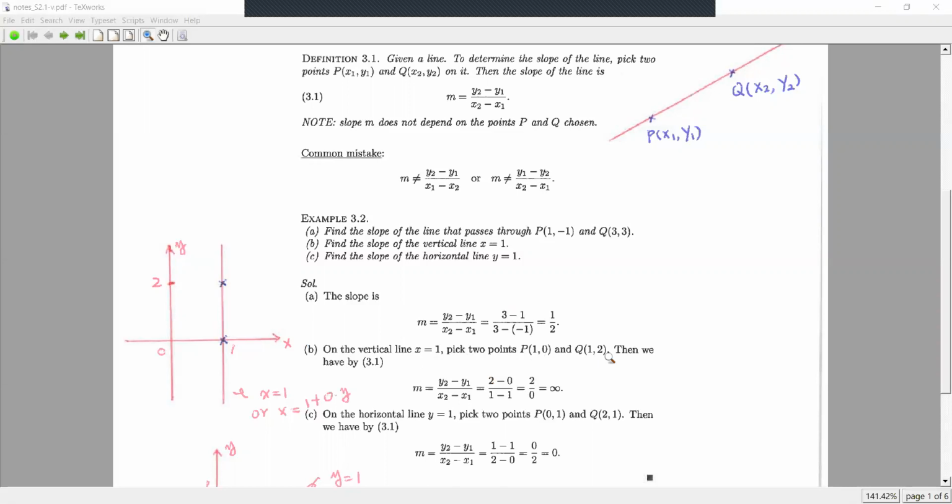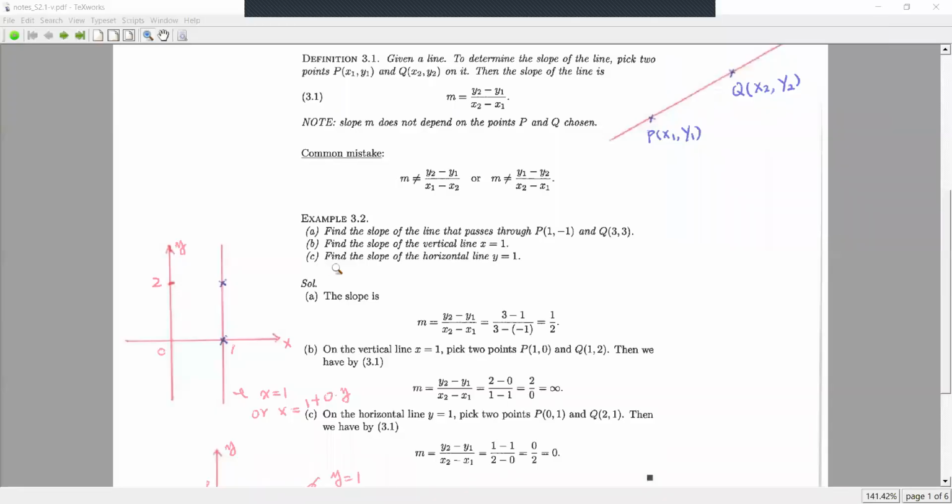Then, by the slope formula, slope is y2 minus y1 over x2 minus x1. y2 is 2, y1 is 0, so 2 minus 0. x2 is 1, x1 is 1, so 1 minus 1. So we get 2 divided by 0. 2 divided by 0 is infinity. So the slope of this vertical line is infinity.